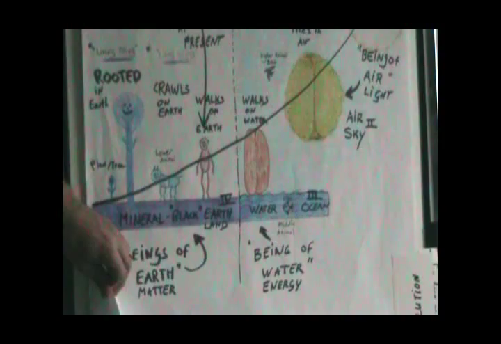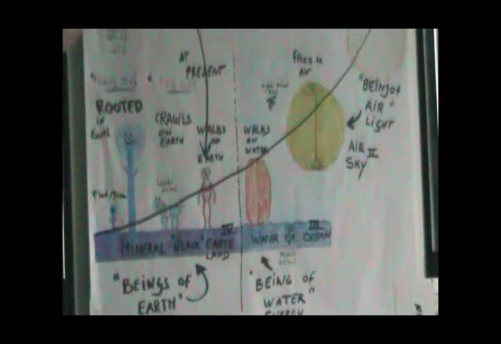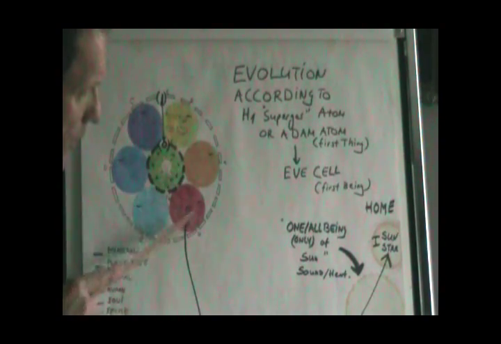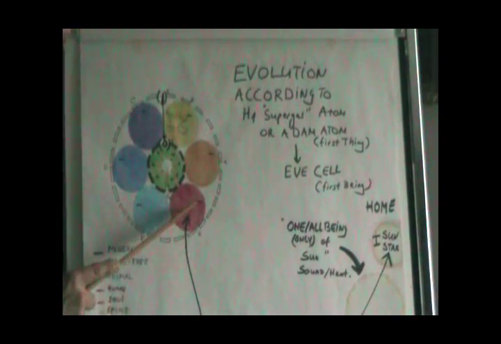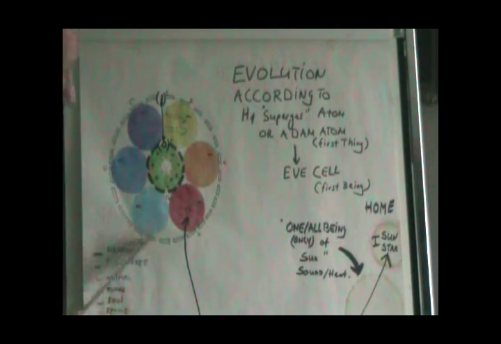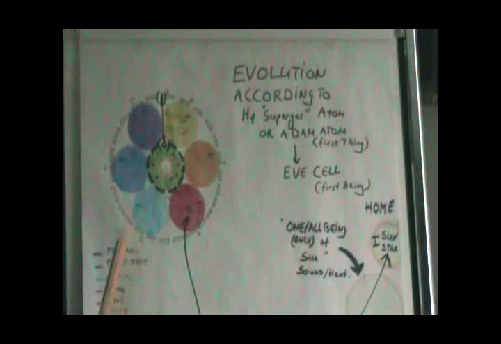And you can see the mineral when we come back up again. So we have the purple, the mineral, plant, animal, human, and that's where I drew my electron, because that's where we're at. We're in the human phase, soul, spirit, and then we reach our wonderful star being, which I showed you a little bit earlier.